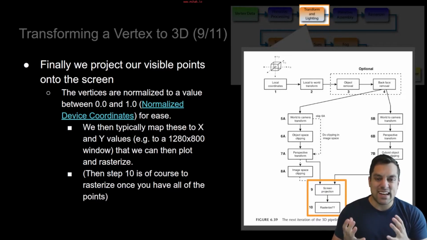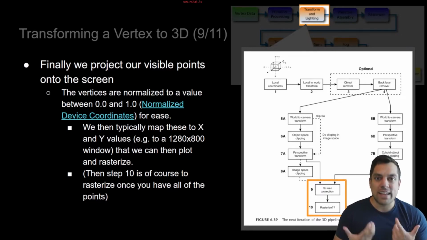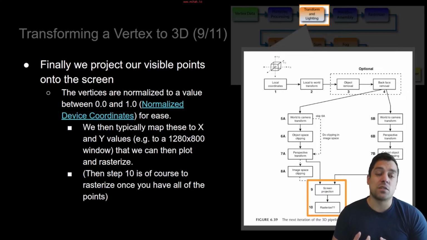But anyways, those coordinates don't make sense for us. If I said, hey, plot a point at 0.96 comma 0.52, usually we're used to working with screen resolutions that are something like 1280 by 800.